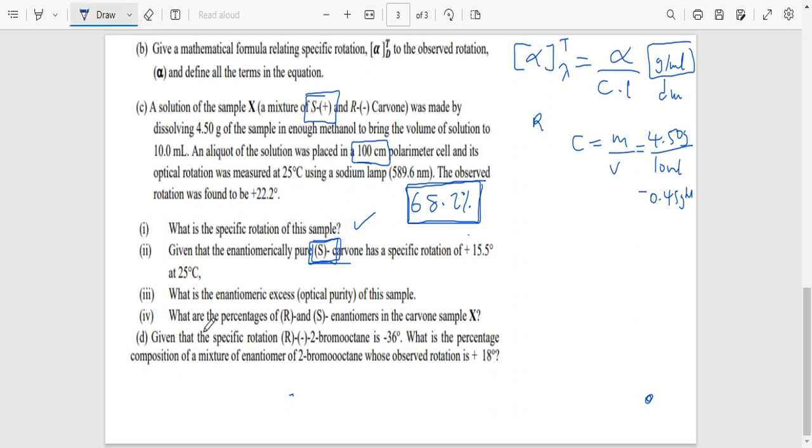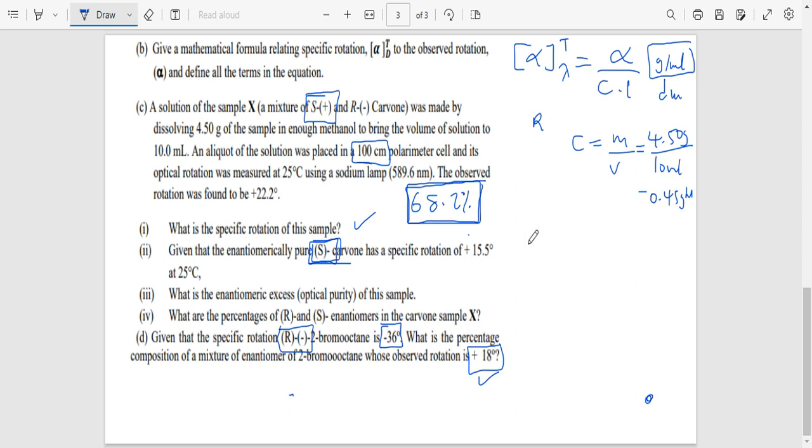So here we've been given that the R, which is negative, has a rotation of negative 36. And this is for the pure R. But we've been given the one which is positive, meaning that this form they've given us is the S form. It is not the R form. If it was the R form, it would also have a negative sign.